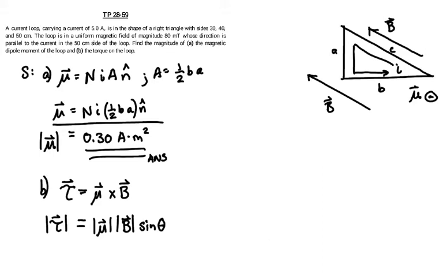Apologize for the mistake. Now let's get back to part B. We have the magnitude of the torque in terms of our magnitudes and angle. I want you to pause the video and draw a vector diagram for the angle between our two vectors in this problem. And I will see you in a minute.